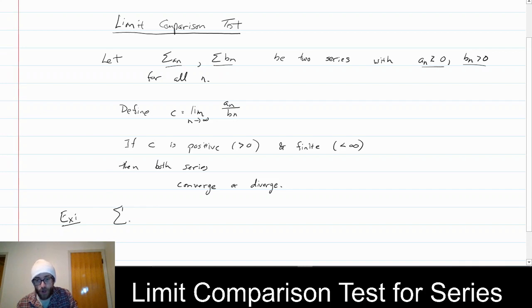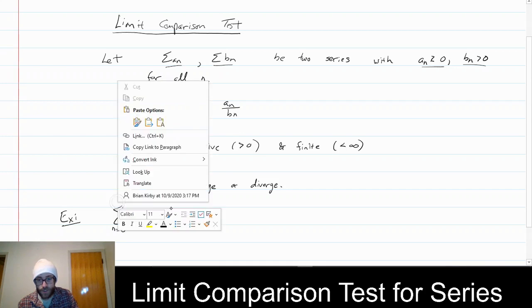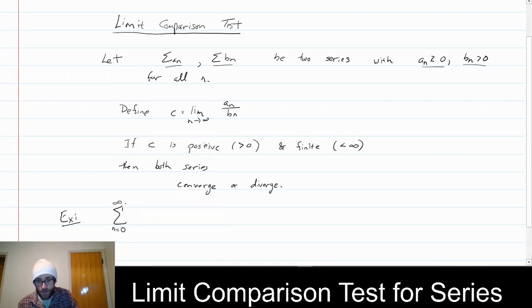We're going to look at one that we already looked at in the last video with the direct comparison test. We're going to look at the series from, say, 0 to infinity of n over n squared minus cosine of n. When we do our limit comparison, we take the limit of this and see what it turns into, or if there's something simpler that it approaches.